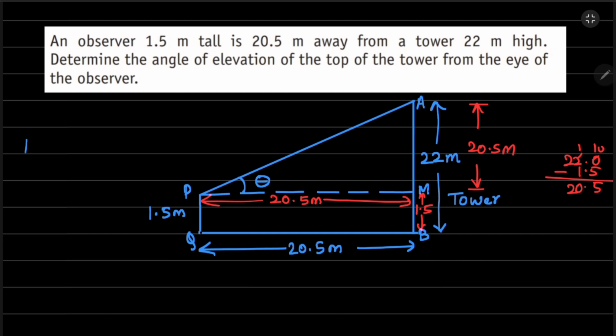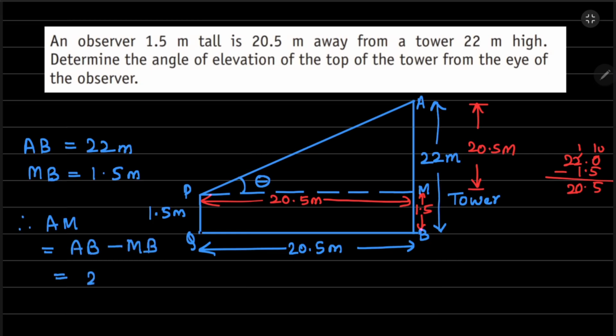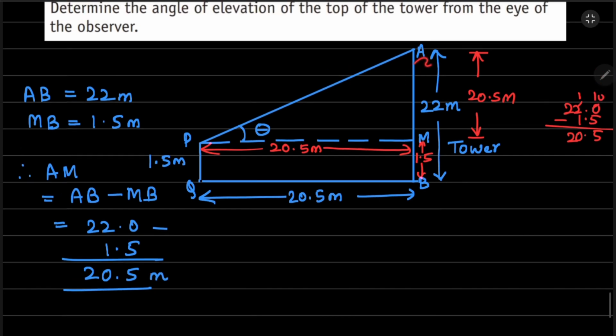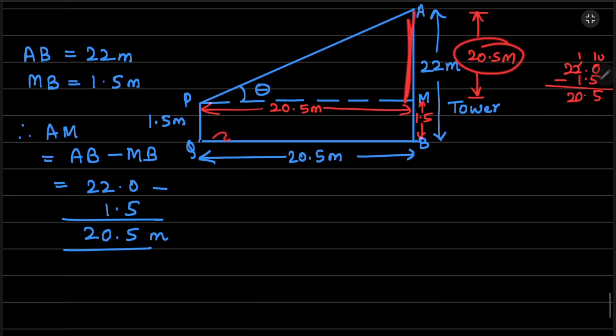The total height of the tower AB is equal to 22 meters. The length of MB is nothing but 1.5 meters. Therefore, AM is equal to AB minus MB. AB is 22 minus MB is 1.5. So you get 20.5 meters. So this length AM is 20.5 meters.